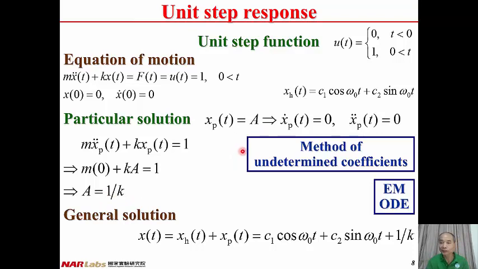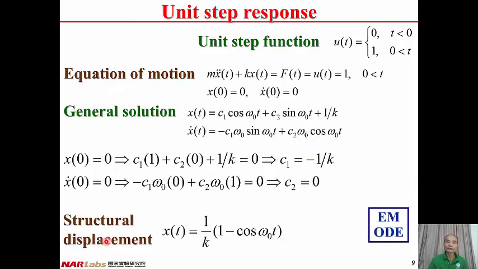Then we have the particular solution and the homogeneous solution, and we combine them. It gives the general solution, x(t) equal to xh plus xp equal to c1 cosine omega 0t plus c2 sine omega 0t plus 1 divided by k. And this is the general solution for the displacement.